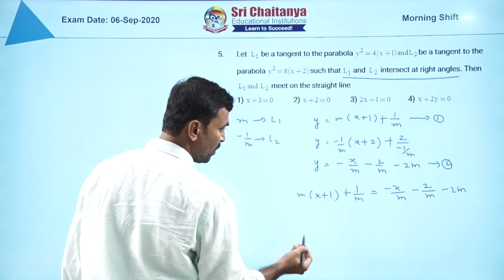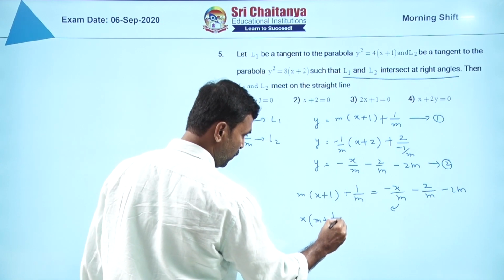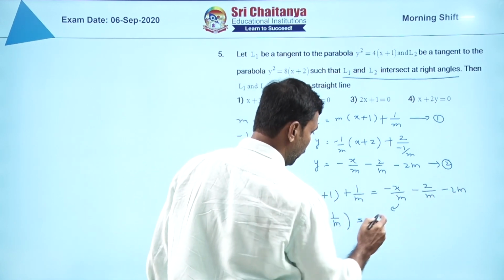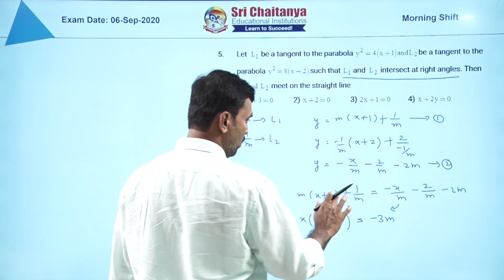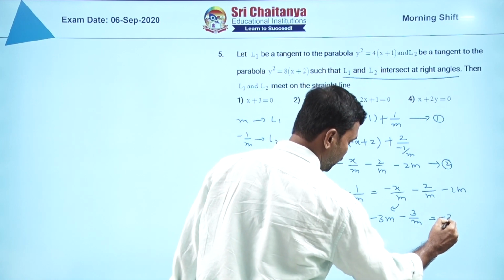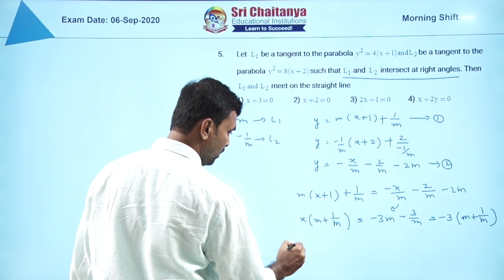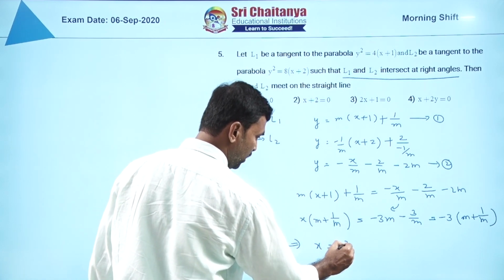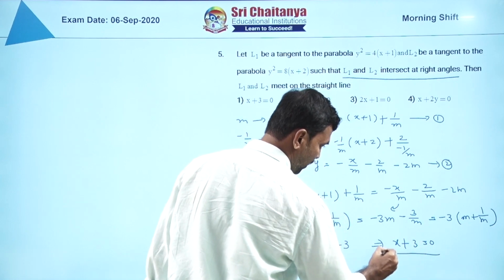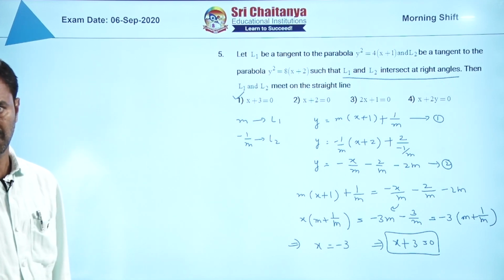I am simplifying this, shifting into the left hand side, then x into m plus 1 by m is equal to minus m minus 2 m minus 3 m minus 1 by m minus 2 by m minus 3 by m, which is equal to minus 3 times of m plus 1 by m. That implies x is equal to minus 3, implies x plus 3 is equal to 0 is our required line. So, our option is the first option. First option is the correct option.